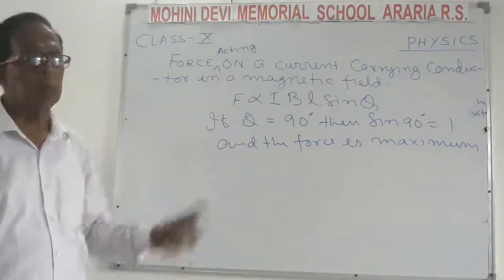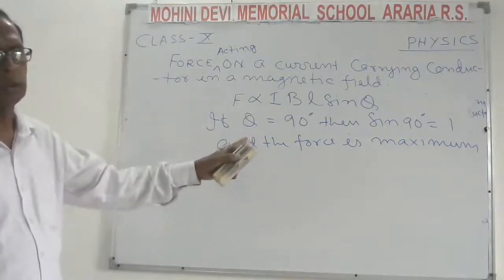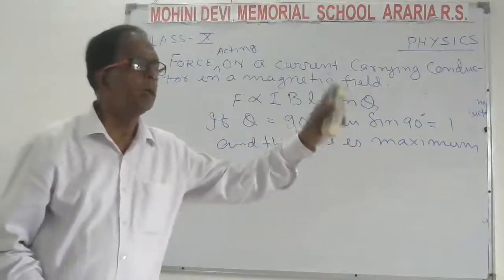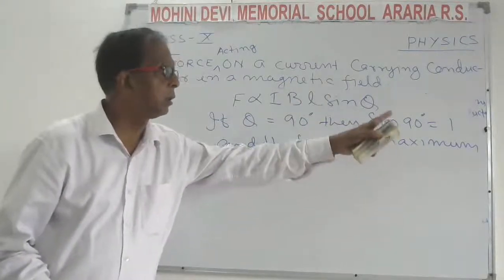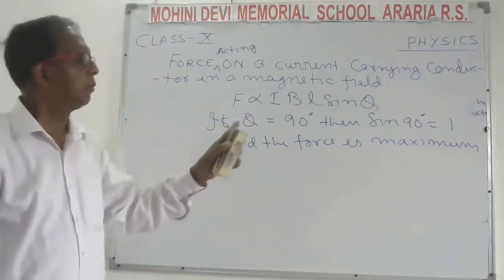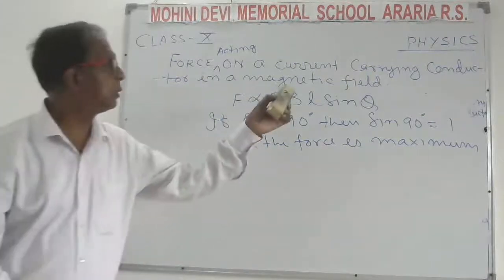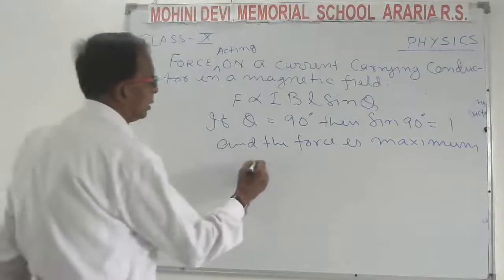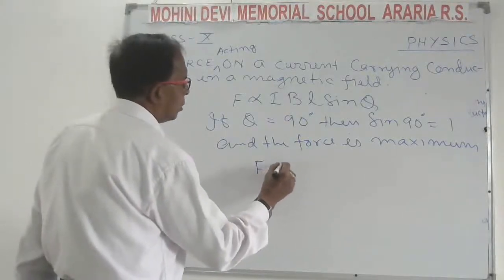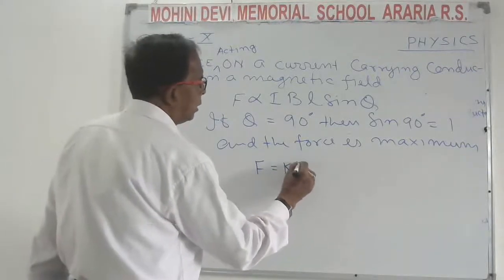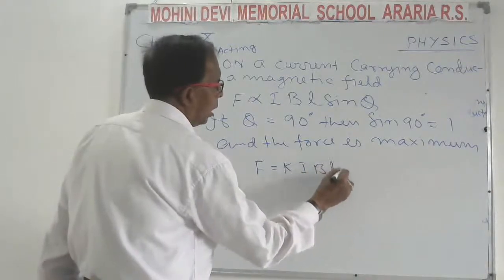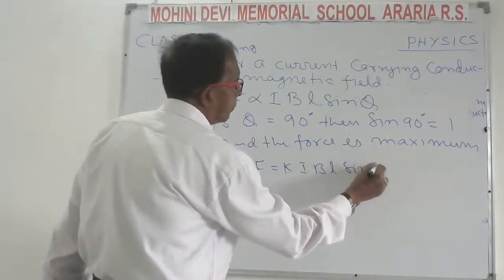And here if theta is 90 degree, then sine 90 degree is equal to 1 and the force is maximum. If you eliminate the proportional sign, then F is equal to K into I B L sine theta.